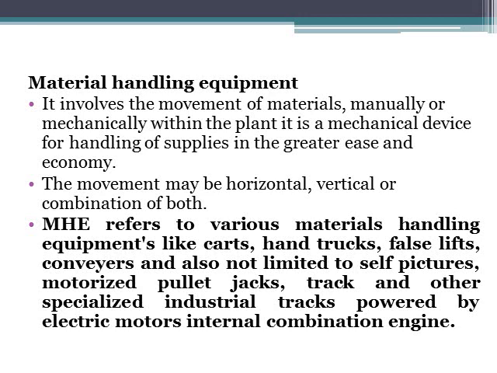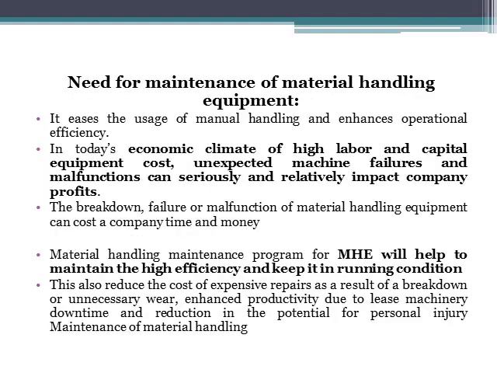For whatever material handling equipment, we need to consider the parameters and factors we discussed in the last slide. It can be carts, hand trucks, forklifts, conveyors, motorized pallet jack trucks, industrial trucks, whatever it may be. And from the last slide, we know the need for maintenance in material handling equipment.